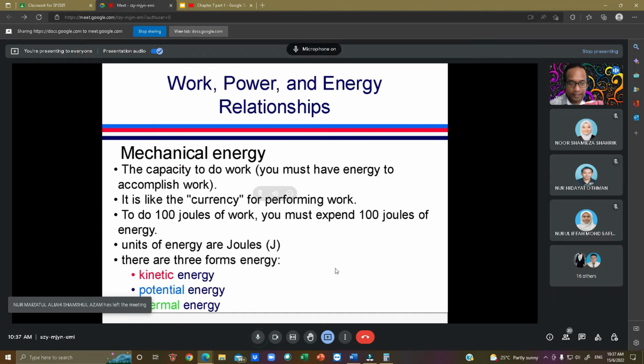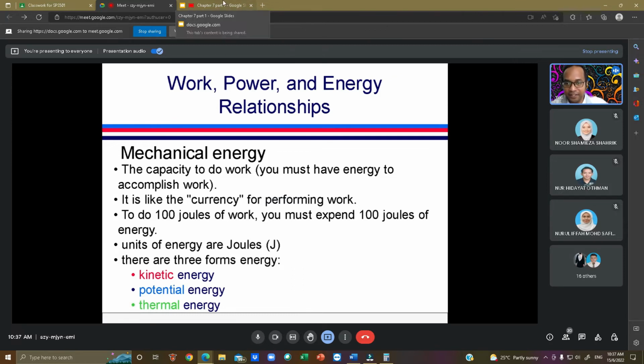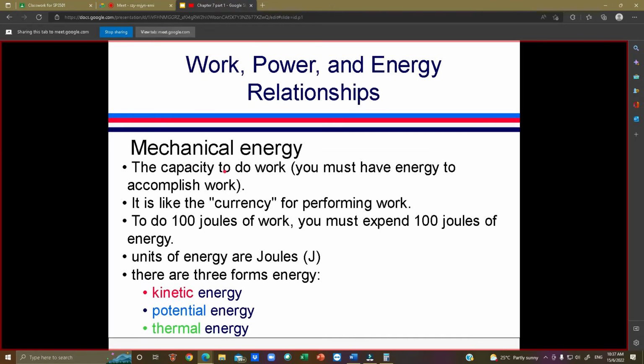Alright, so let's go to the third part of this approach. Energy. Okay, when we talk about energy, capacity to do the work, you must have energy to accomplish work. So energy is some sort of currency. Okay, to do 100 joules of work, you must expend 100 joules of energy. So energy, joules is also a form of energy.